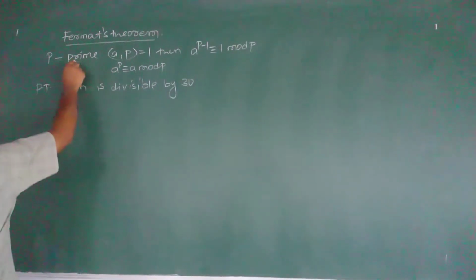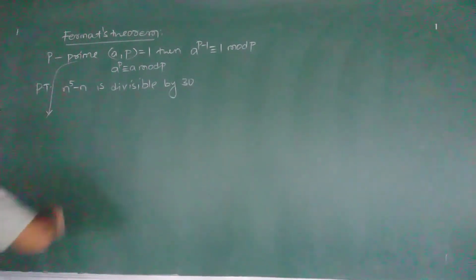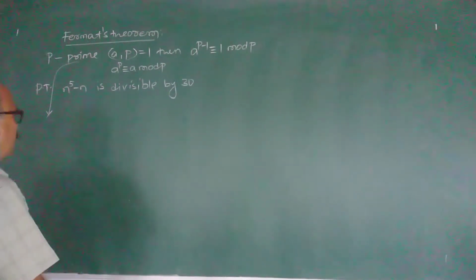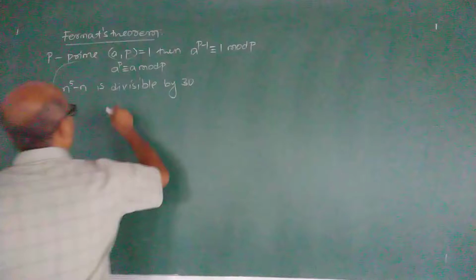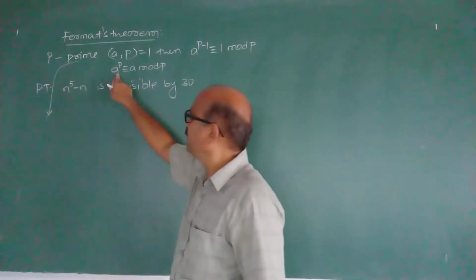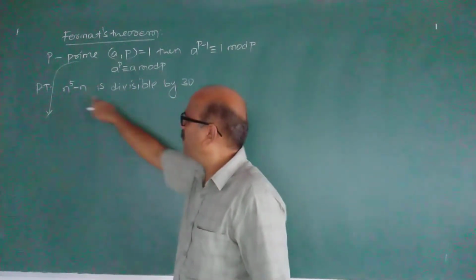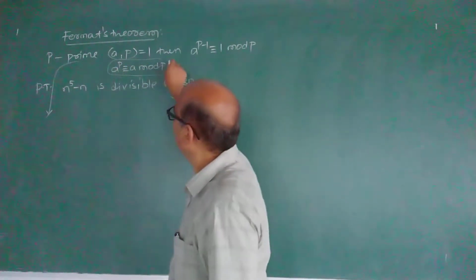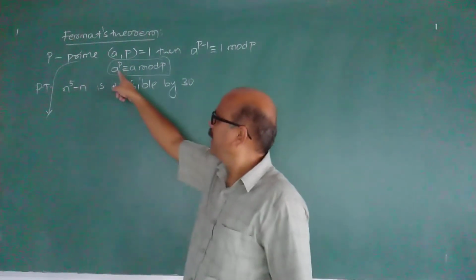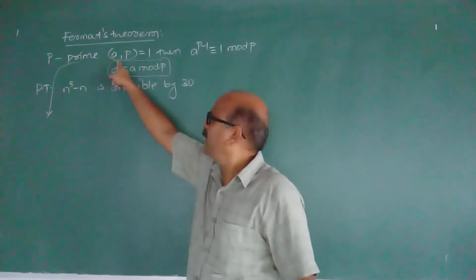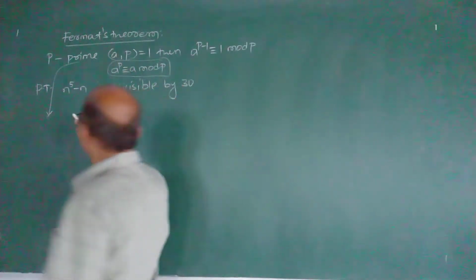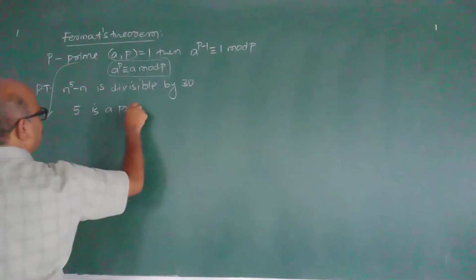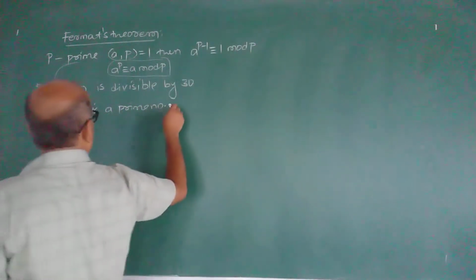What does Fermat's theorem state? P is a prime number, and A is any integer. It is not mentioned here that it is relatively prime, therefore I take this version: if P is a prime number and A is any positive integer, A raised to P is congruent to A mod P. Now I take 5. 5 is a prime number.